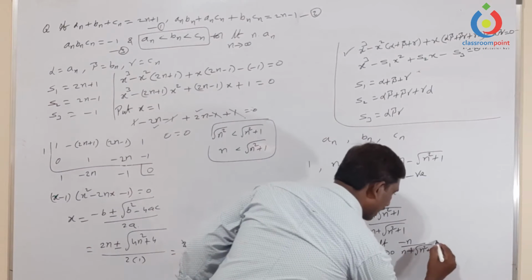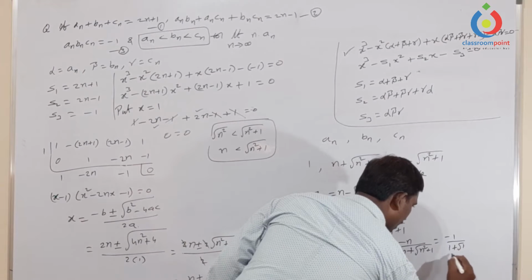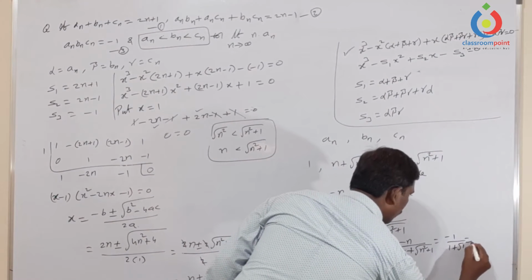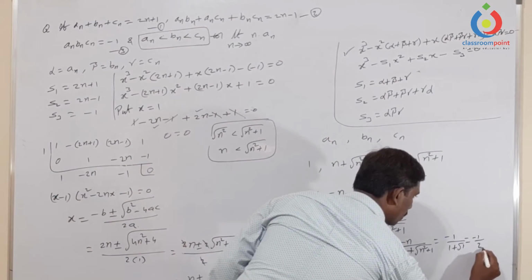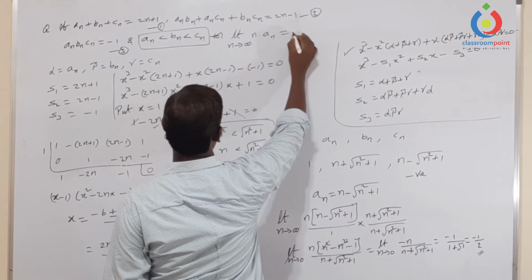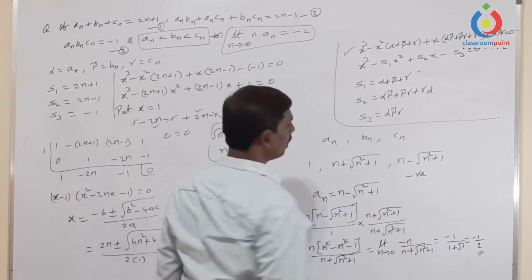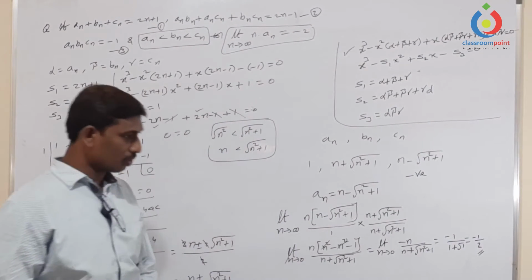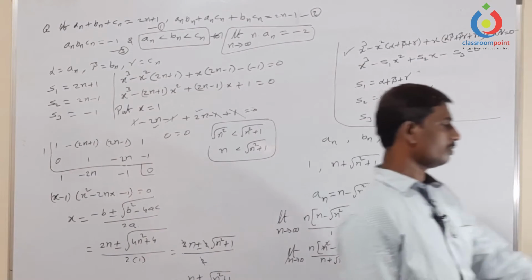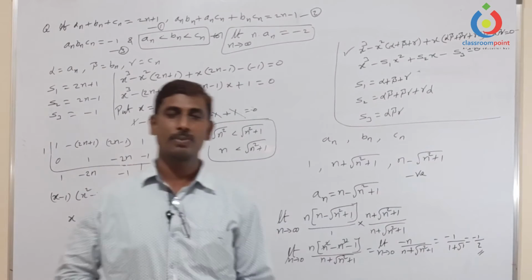So here the answer is minus 1 by 1 plus root 1, that is equal to minus 1 by 2. Right? Next, one more question we will take. This is for JEE, a very important problem.